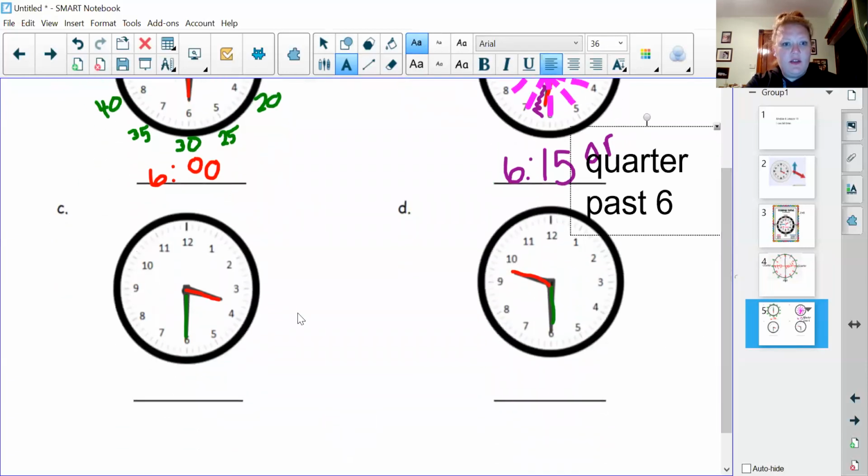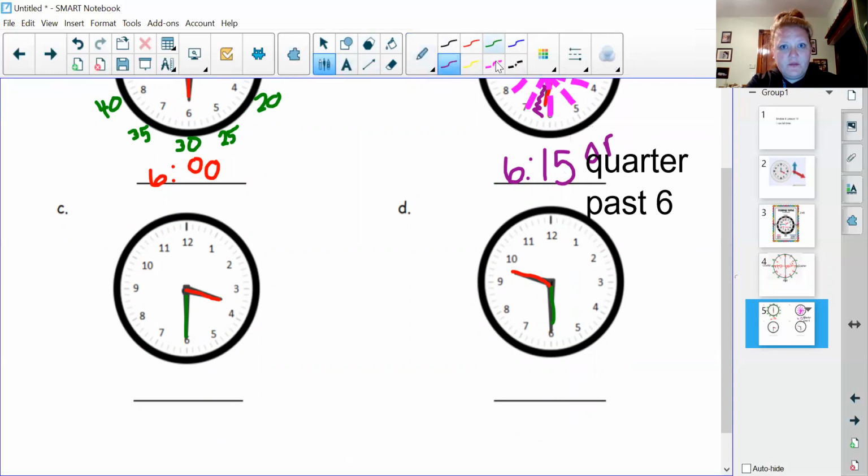All right, let's look at our next one. Again, look at here. It is past for my hour hand. It's past the 3, but not quite to the 4. So I'm still right here in that 3 o'clock section for my hours. So I'm still in the 3rd hour, but let's look at my minute hand. It's down here pointing at the 6. And what is the second number for the 6? 30.